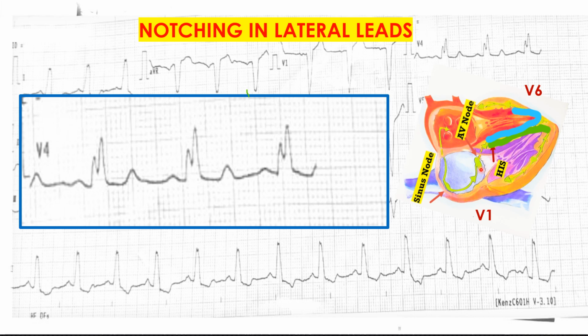We can see that this initial green area is activated from the right bundle, and the left area, this blue area, is activated by the left bundle. So the first area highlighted with green will be this area.